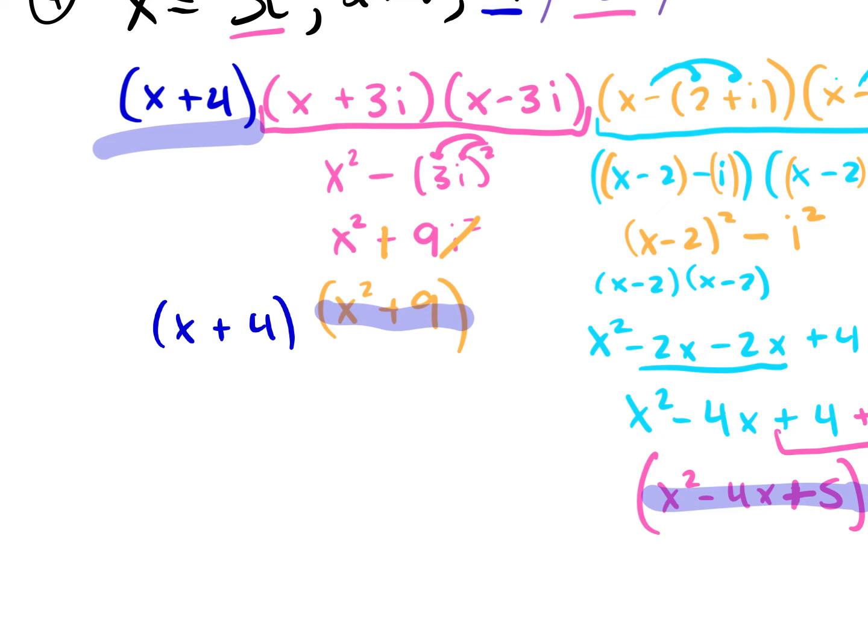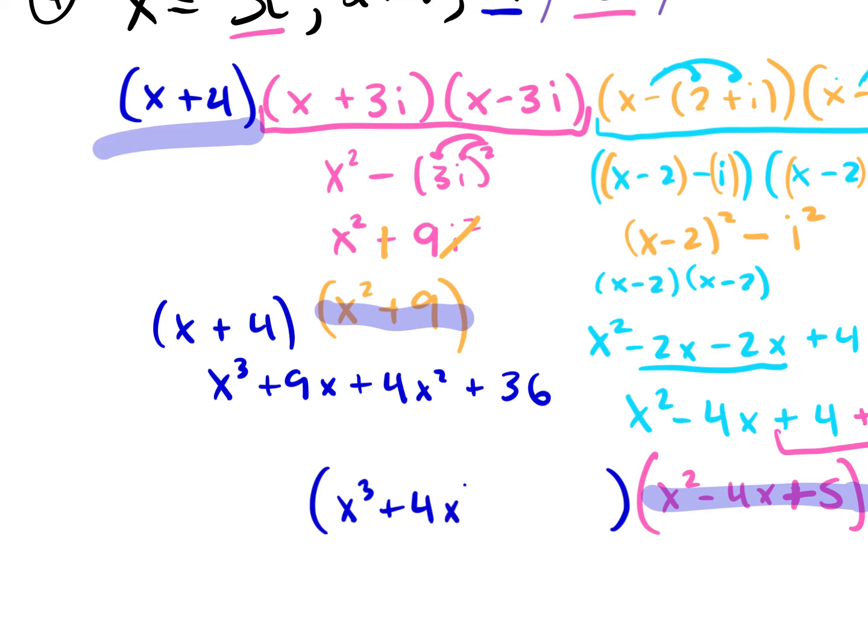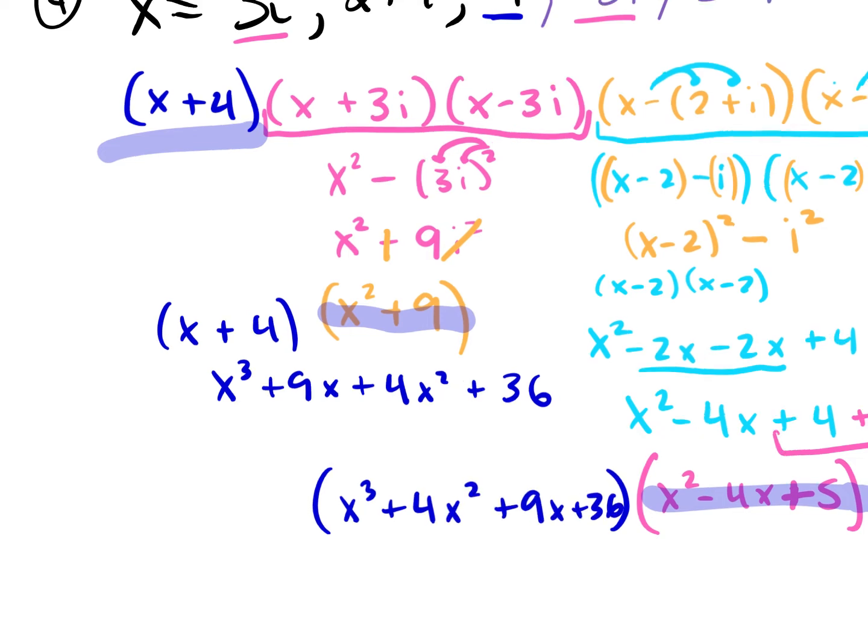So we're going to FOIL here. I have x to the third power plus 9x plus 4x squared plus 36. So this is x to the third power plus 4x squared plus 9x plus 36.